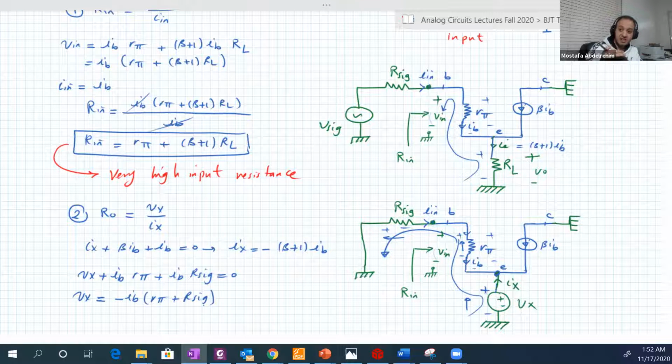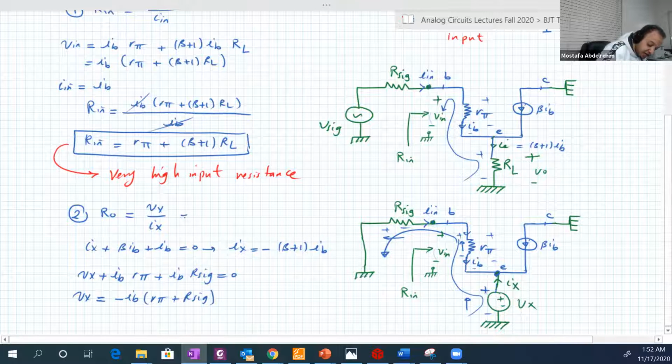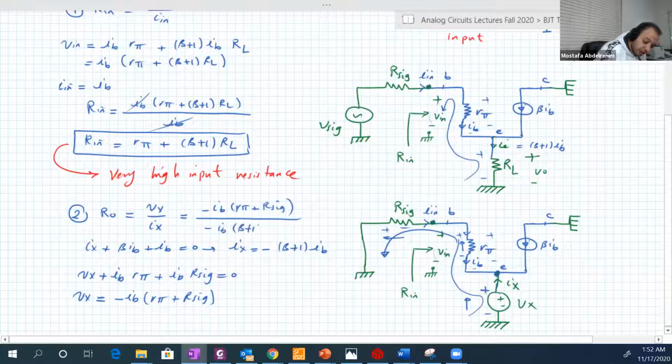So both Vx and Ix are now a function of IB. So we can divide safely, because we know that IB will just go away. Vx over Ix is minus IB (R pi plus R signal) over minus IB multiplied by (beta plus 1). So this will go with this, and the minus also goes away.